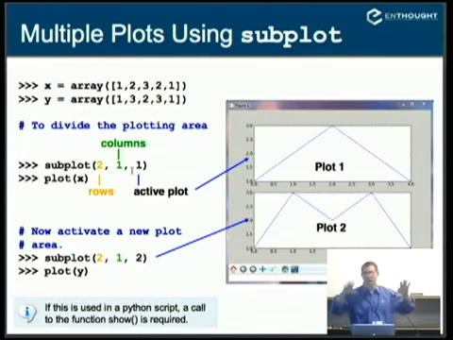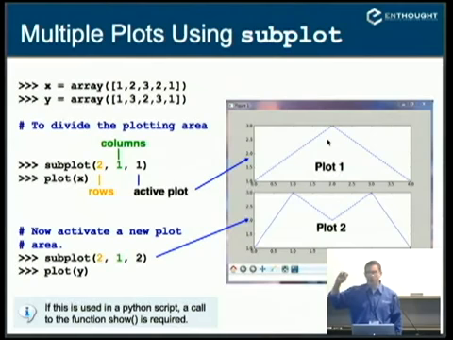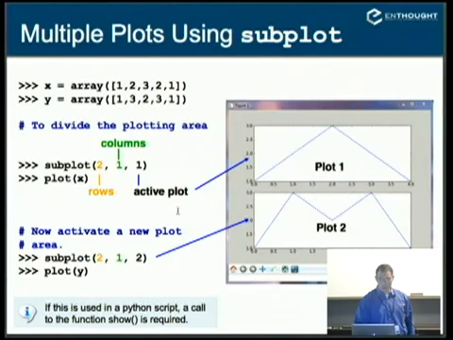So subplot is making a grid. It's how many rows do I have, how many columns do I have. This can be 2 by 2 or 2 by 3 or whatever you want. Now we've activated the first one. Any plot command that I run is going to display in this upper plot, and as long as I'm on that plot, it's going to build up and add new plots to it. So we've plotted this kind of triangle up here.